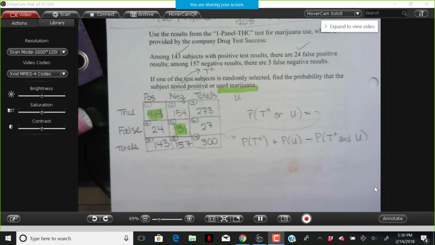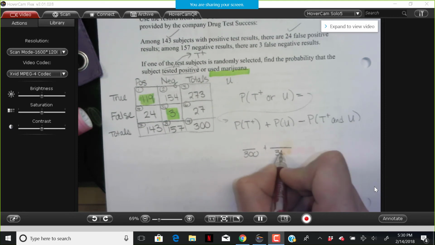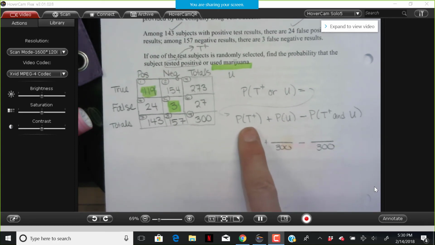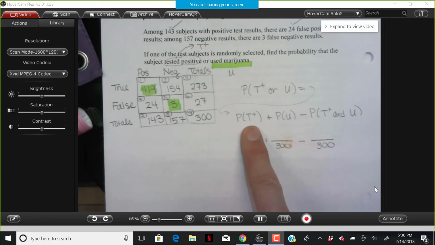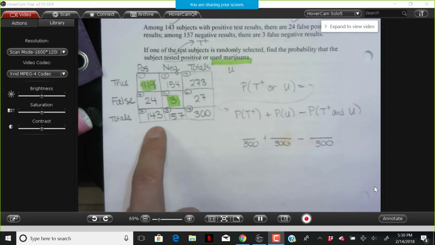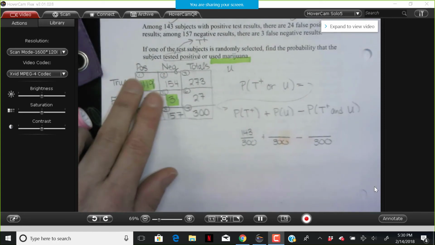We know all of the denominators are 300, right? What goes in the numerator for positive test? 143, right? Yep, that's the total for positive tests. There were 143 positive tests. Now, the probability that they used, so what's the numerator there? That's the 122.